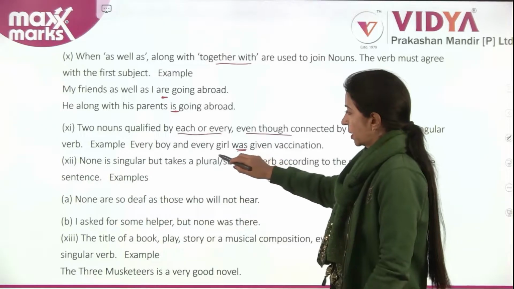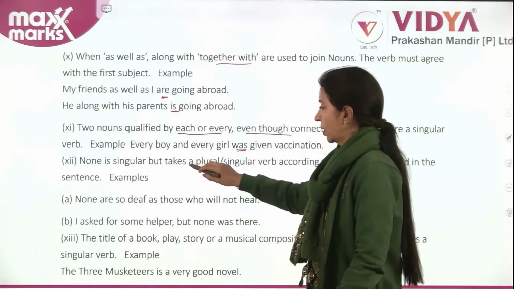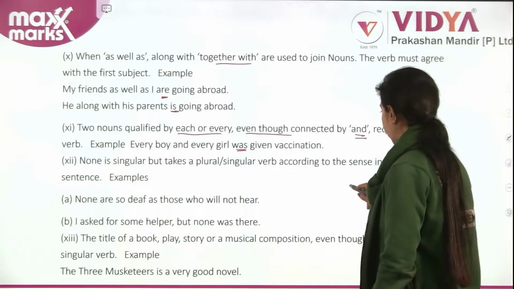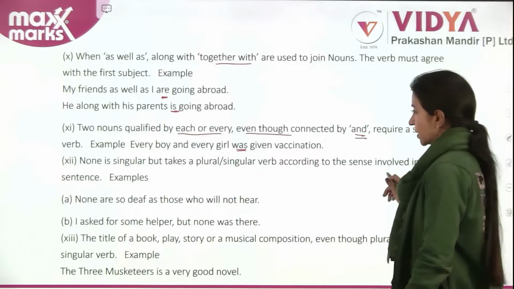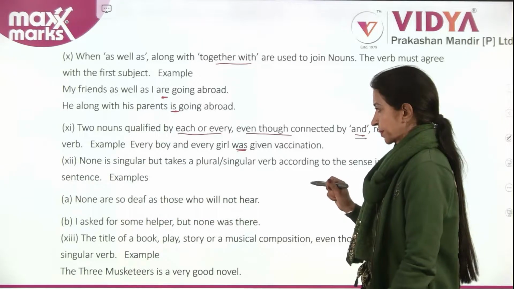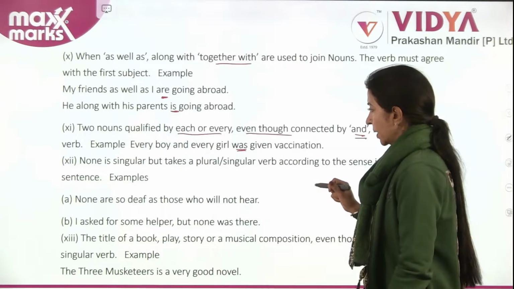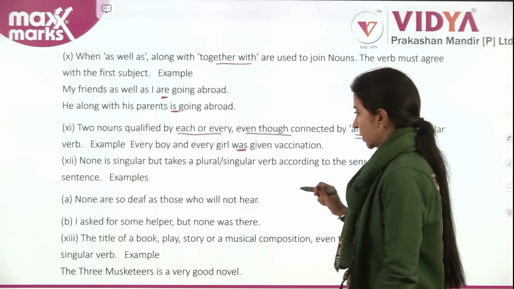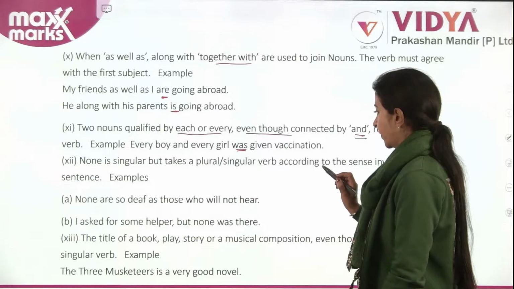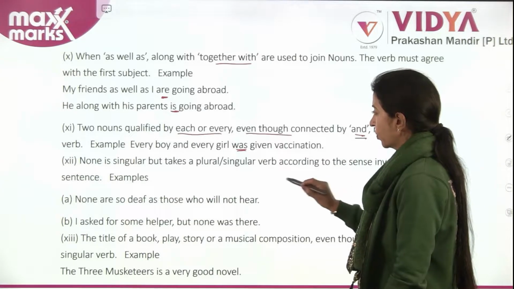Next, none is singular but takes a plural or singular verb according to the sense involved in the sentence. Examples: none are so deaf as those who will not hear. See, what are we saying?